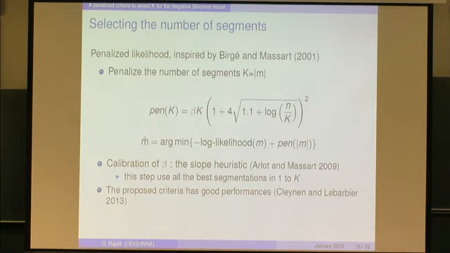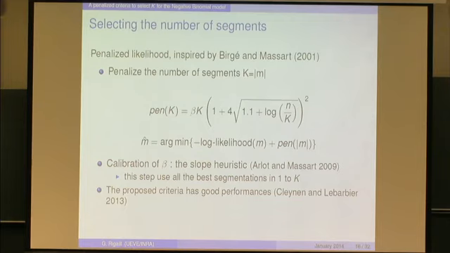Okay. So here a very quick side to say that Alice and Emilie have been working on how to select the number of segments, and basically their work is inspired by the work of Birgé and Massart. And at the end, what they get is a penalty such as this one, which essentially penalizes the number of segments as the number of change points increases.